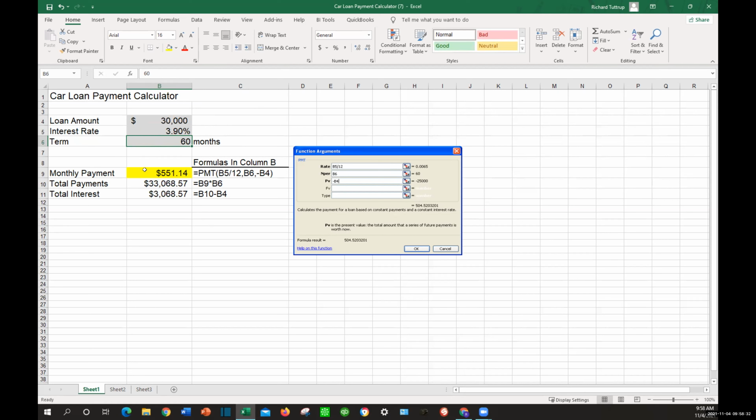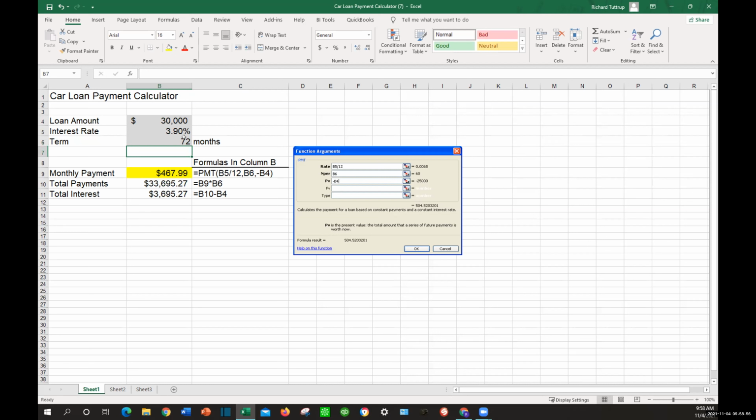Okay, that means your monthly payment is going to be $551.14. And you go, dang, I can't afford that. What happens if we change it from 5 years, which is 60 months, to 72 months? And cars are getting so expensive today that they're doing that. You can go as far as 72 months. Let's do 72 months.